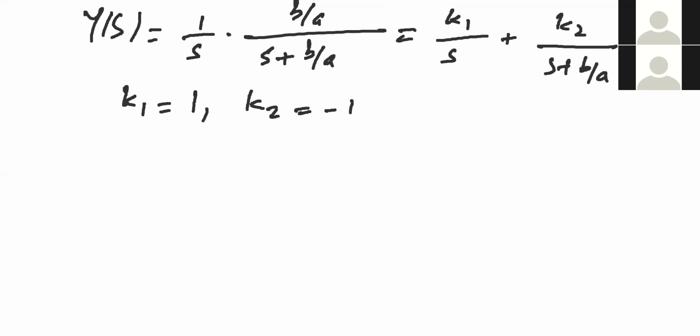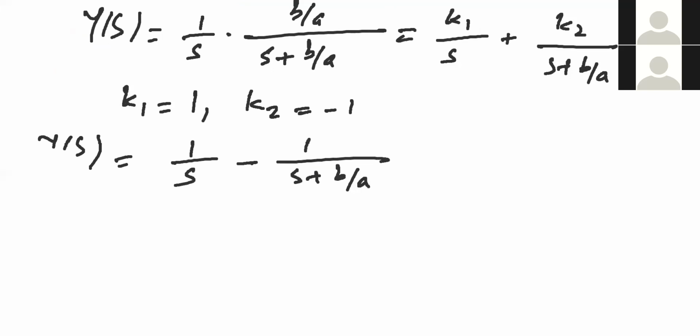This means that Y(s) will be equal to 1 over s minus 1 over (s plus b divided by a). And directly we now have to find the inverse Laplace transform. So the inverse Laplace transform will be y of t, which is equal to 1, the unit step function, minus the exponential function with the unit step function.